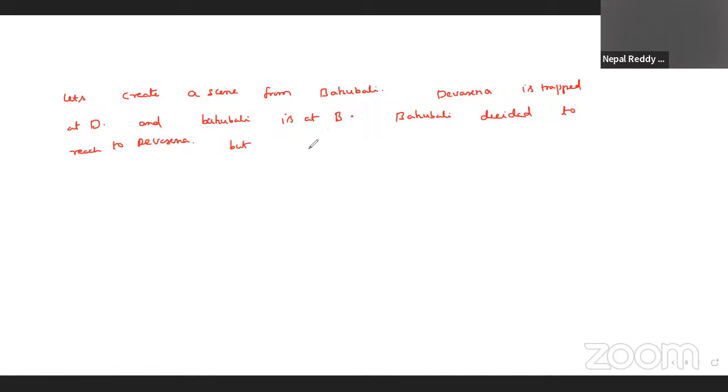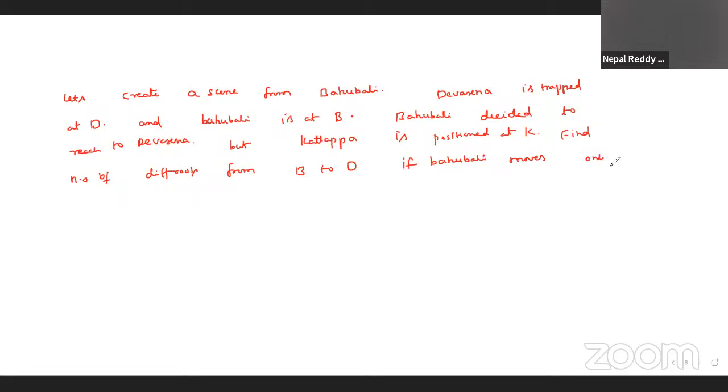But in between them is Kattappa, positioned at K. The question is, find the number of different routes from Bahubali to Devasena, from B to D, under the condition that Bahubali moves only up or to the right, and he must avoid the position of Kattappa.